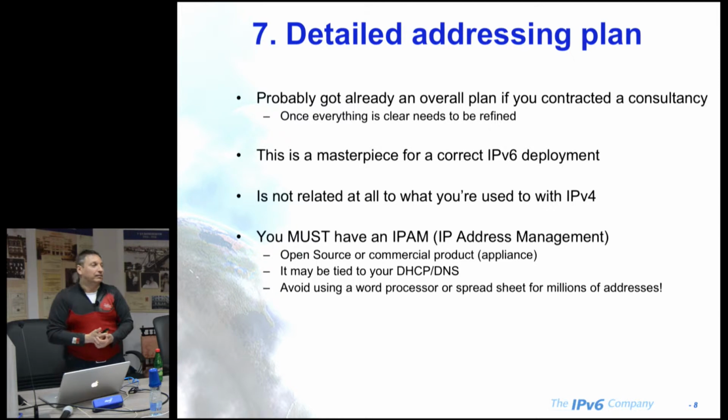Detailed addressing plan. We already mentioned that you first need to know how much space you need. Once you get that and you have already done the audit of your network and trained your staff and so on, then is the right time to do the addressing plan. There are a lot of books with recipes on addressing plans in IPv6. My suggestion is don't look at them.